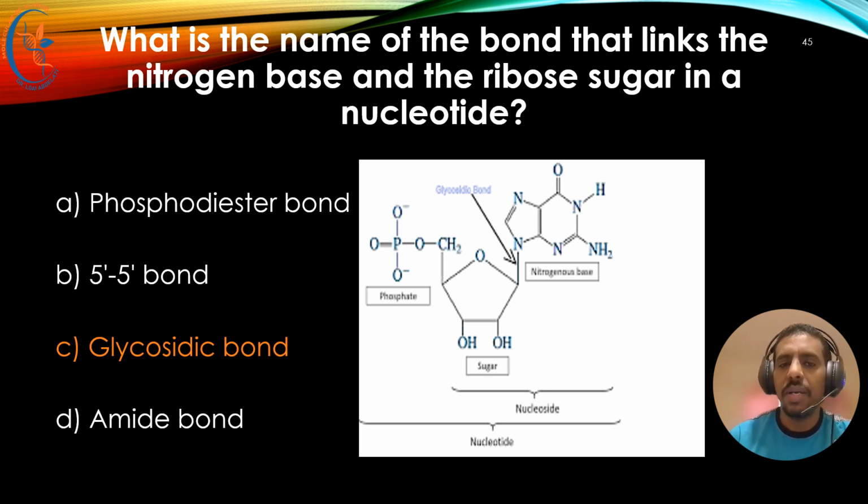This linkage occurs between the 9' nitrogen of purine bases or the 1' nitrogen of pyrimidines and the 1' carbon of the deoxyribose sugar group. Alright? As a result of this nitrogen carbon linkage, nucleotides are formed, which are an essential component of DNA.